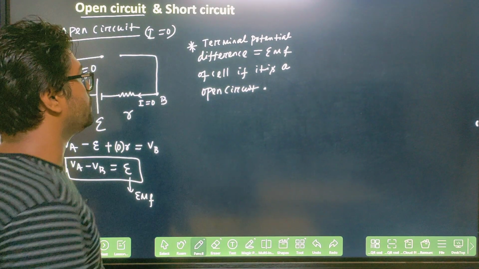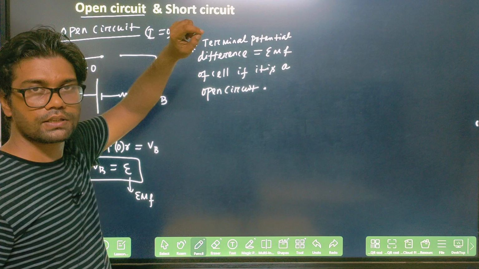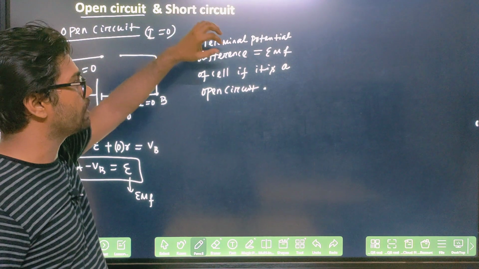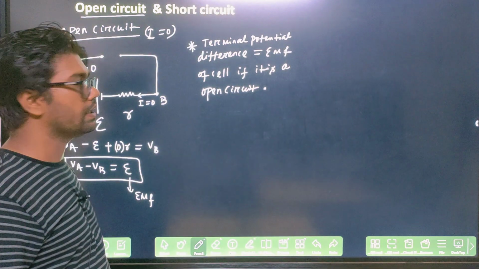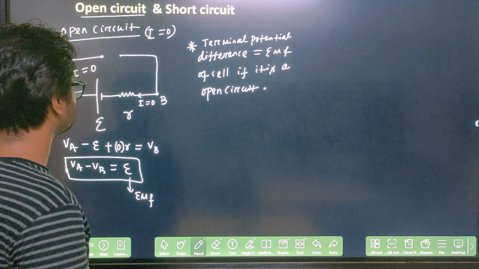So EMF can be defined as the terminal potential difference of the cell when it is an open circuit. Clear?